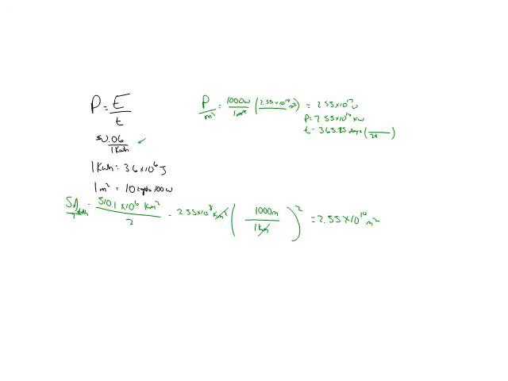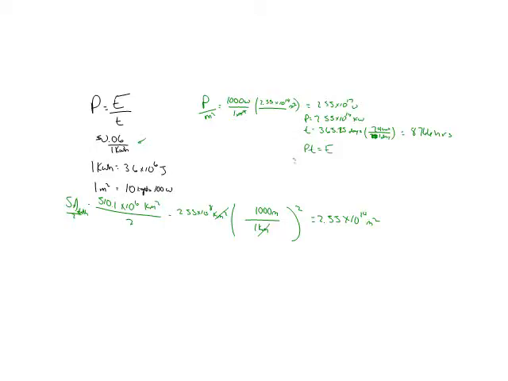One day, 24 hours. So 365.25 times 24 gives you hours. So our power times time is energy.